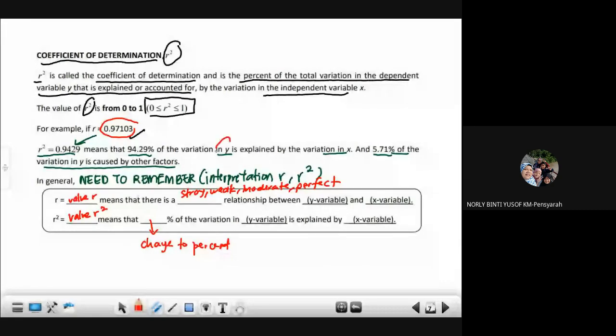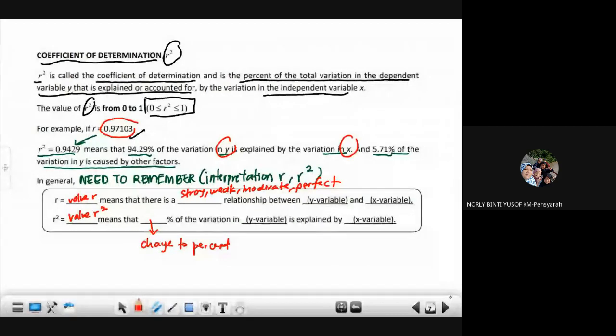Cuma yang ini general. Tapi bila masuk dalam soalan, kadang dia nak specifically. So you have to tengoklah ikut pada apa variable Y tu, height ke, weight ke. Dia tulis kat situ. So interpretation ni kena ingat.